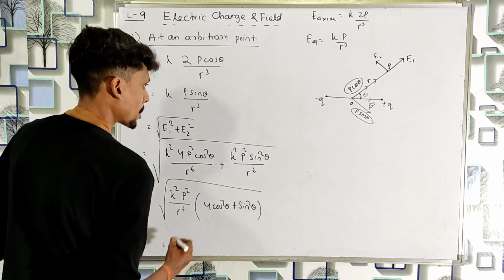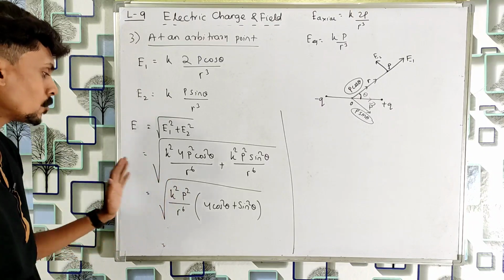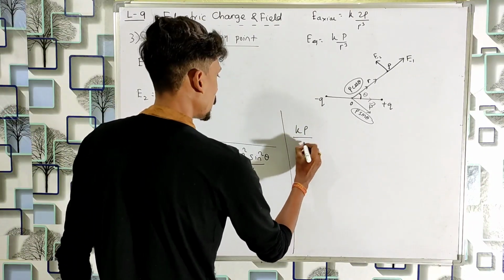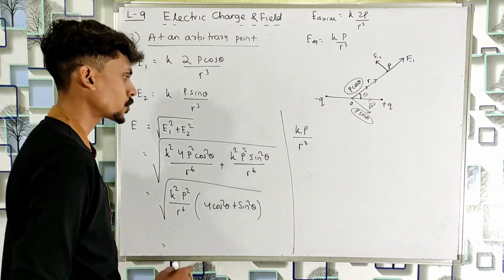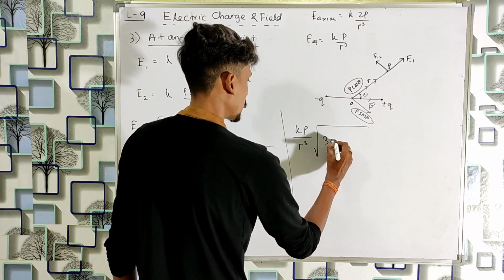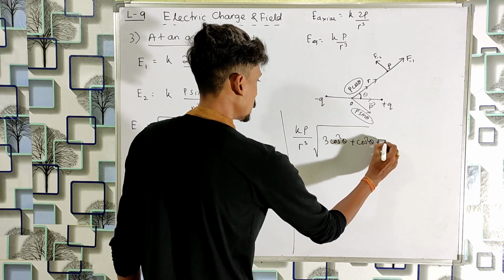Taking K square P square by R to the power 6 outside, you will get K P by R to the power 3, and 4 cos square theta plus sin square theta can be written as 3 cos square theta plus cos square theta plus sin square theta.